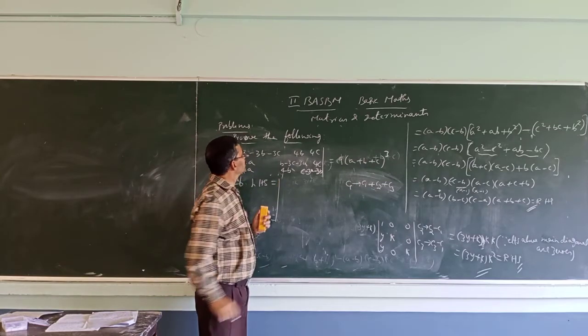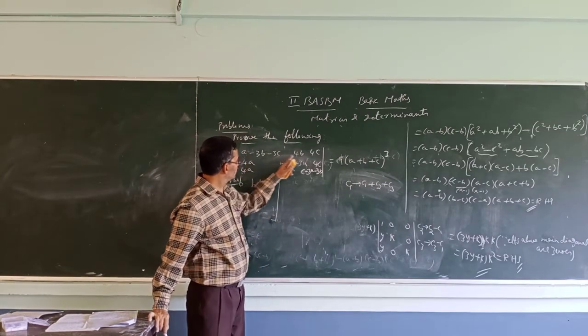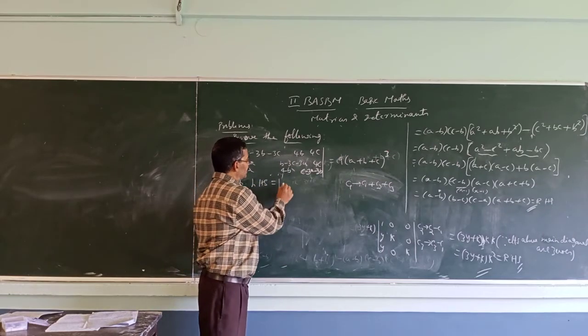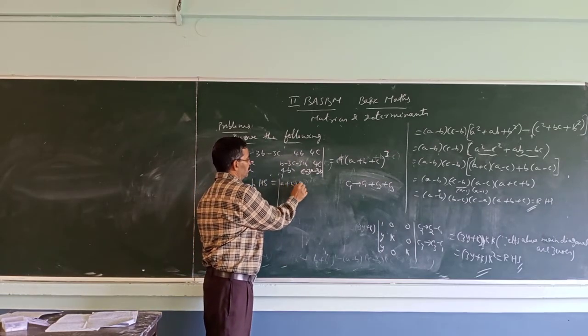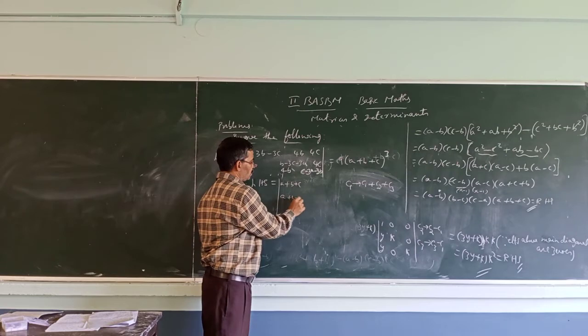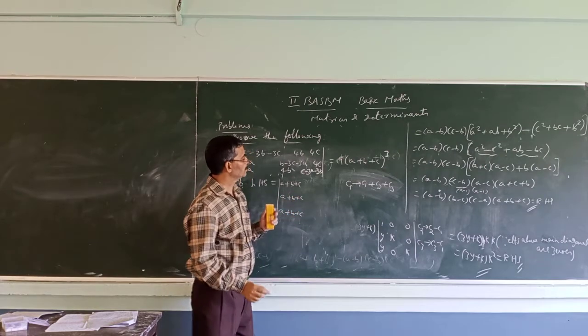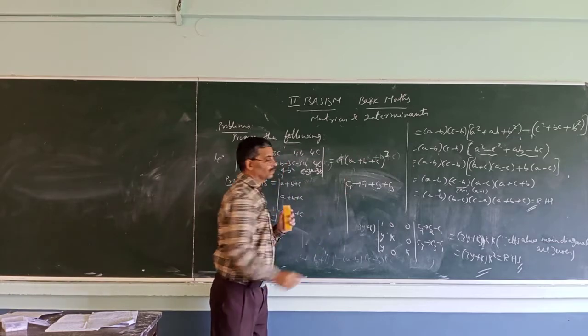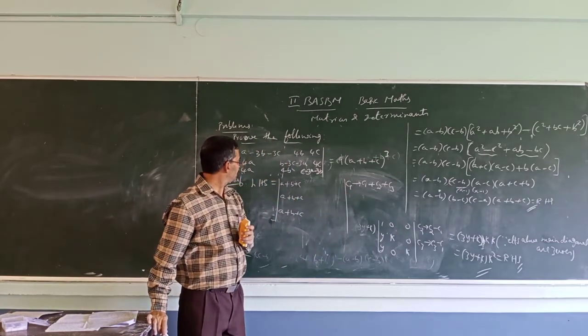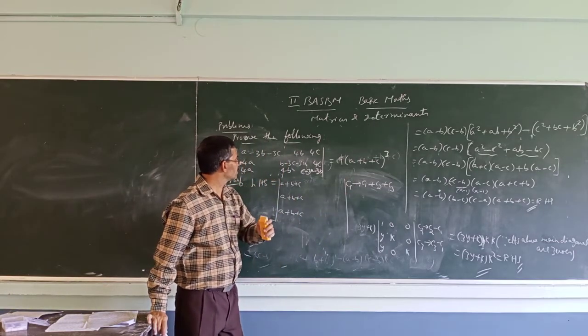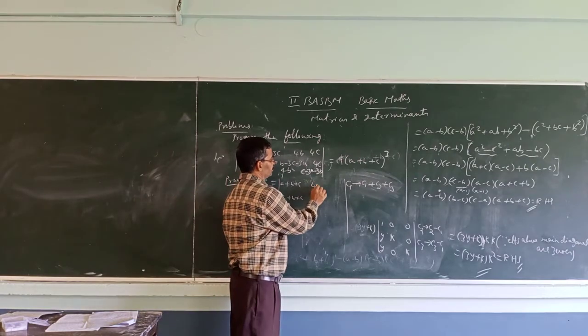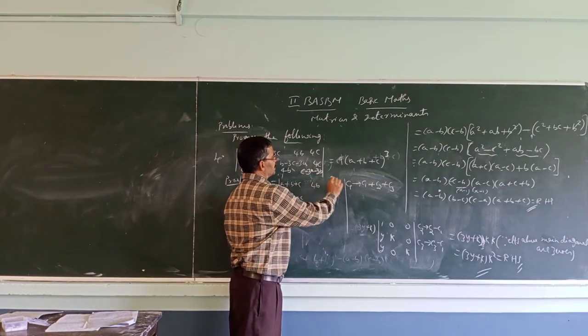So what is column 1? Column 1, I told you, if you add all this you will get a plus b plus c. Here also a plus b plus c. All will become a plus b plus c. Okay, what about the others? Others won't change. So you write this 4b, 4c; that doesn't change.